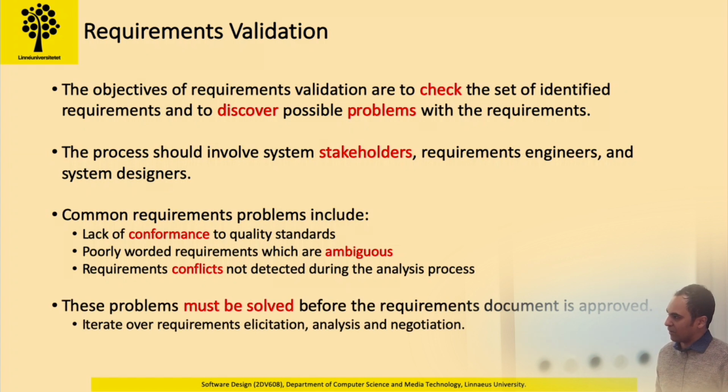And all these problems must not exist after the requirements validation phase, because after requirements validation we have the final requirements document, based on which the developer will actually develop or code the system. So if any of the problems are still there, that means you are developing a wrong product that will fail either during verification or during validation of the system itself.